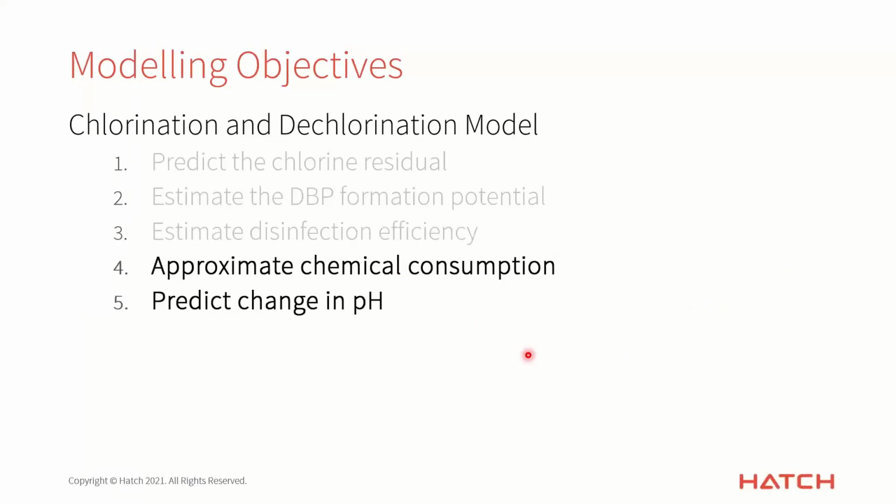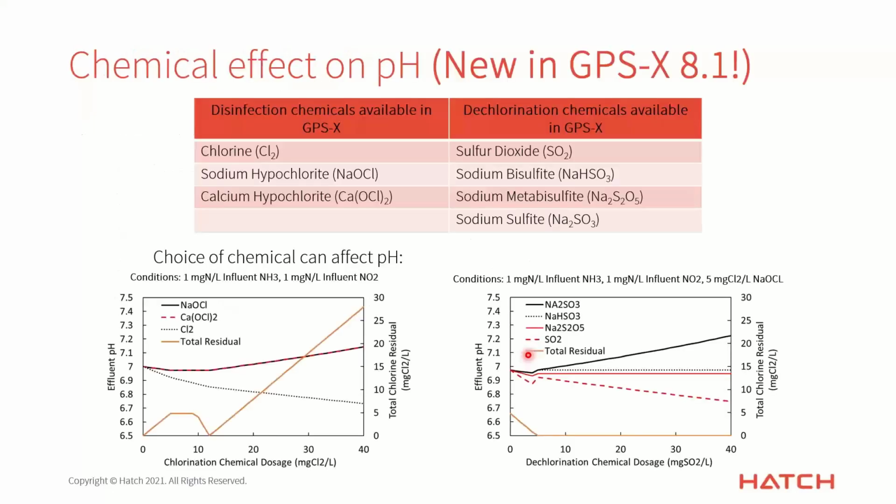Okay, I'm finally going to get to the last 2 points of our modeling objectives here, the chemical consumption and the chemical effect on pH. So I'm going to start with the chemical effect on pH. This is also a new aspect in the model in GPSX 8.1. We have previously had a pH estimation function for a while now, but now we've actually connected our disinfection model to it, so you can see how the different disinfection and dechlorination processes affect the pH.